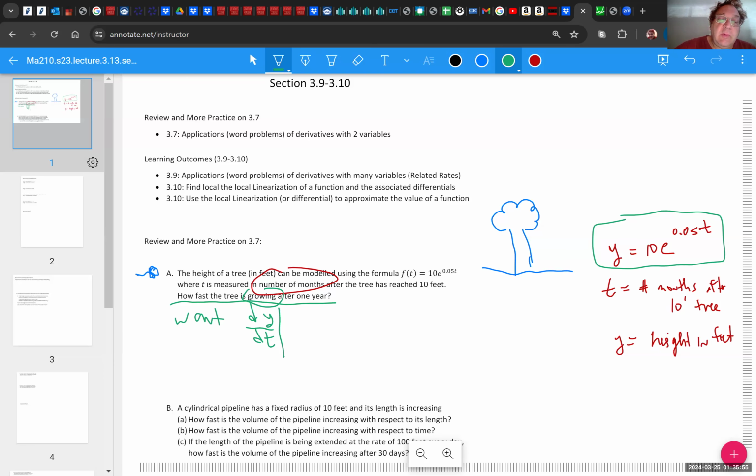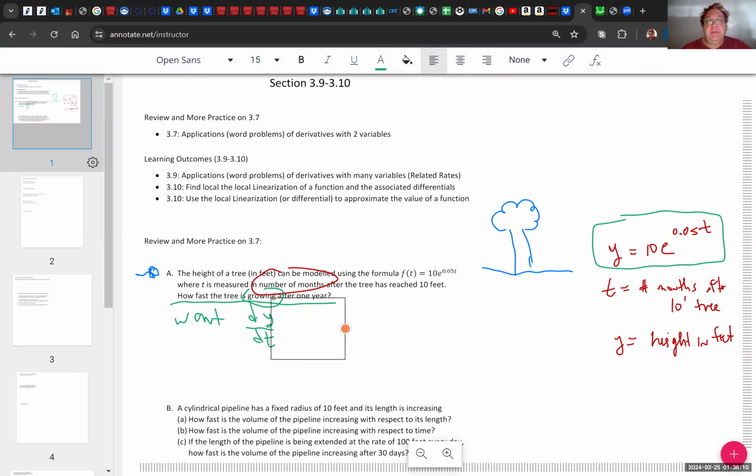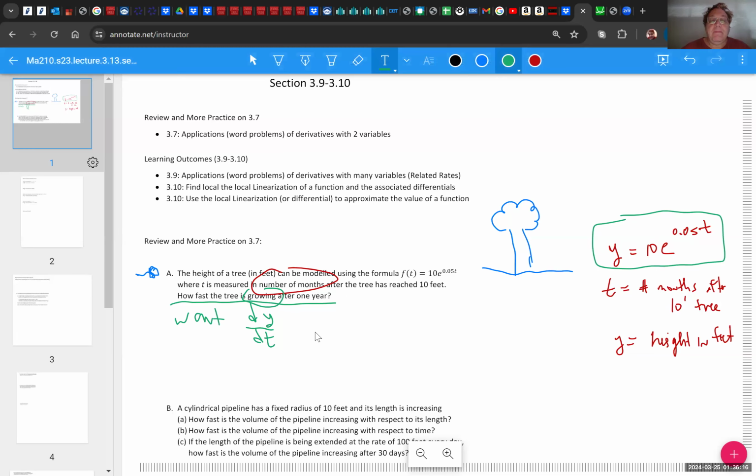Now, we could write down 1 year, but again, I really recommend that you utilize the variables. It's going to make your life so much easier than getting to some point and wondering what to do next. What are our variables in this problem? Our variables are y and t. t is the time variable, and t is measured in months.